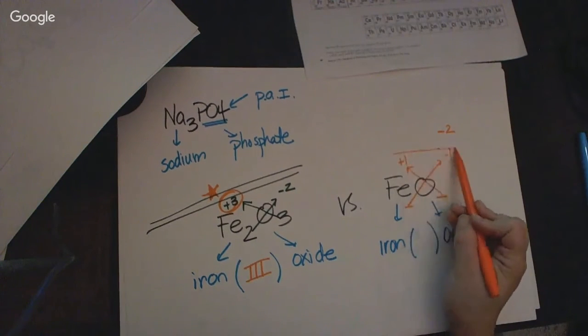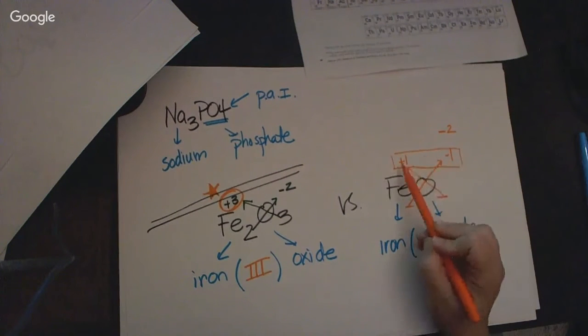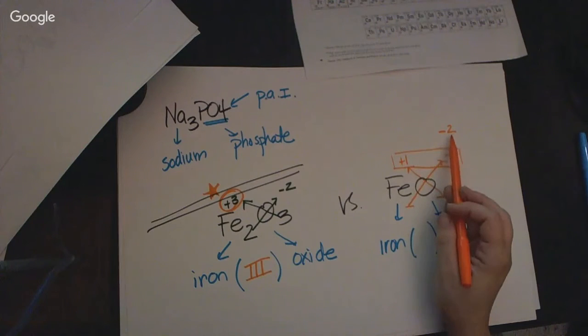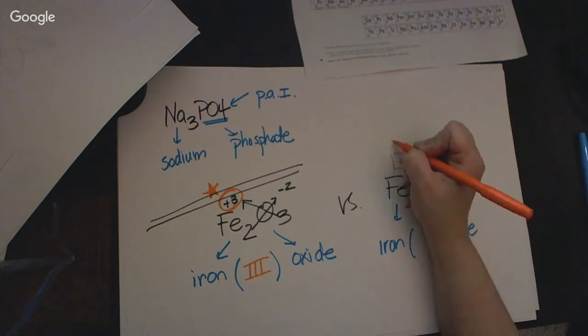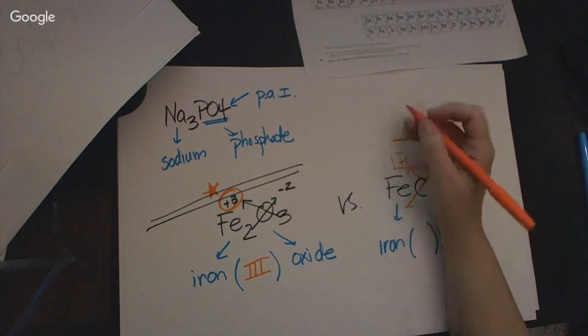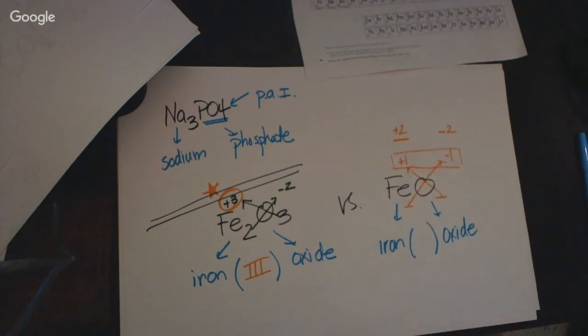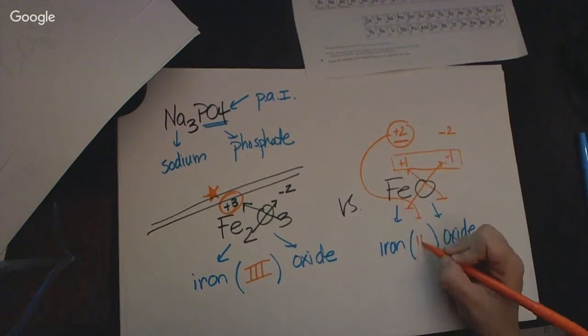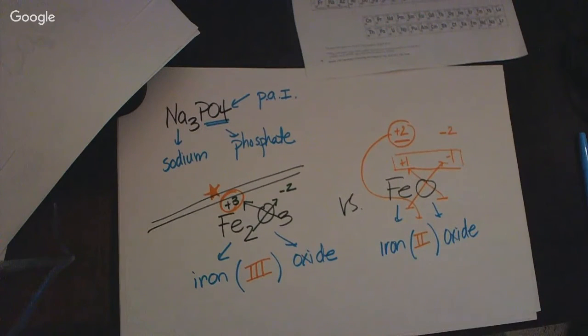This relationship right here is equal but opposite in sign. If oxygen has to be a -2, what would be equal but opposite to -2? +2. Which means that this iron had a +2 oxidation number. When it bonded, this becomes iron 2 oxide.